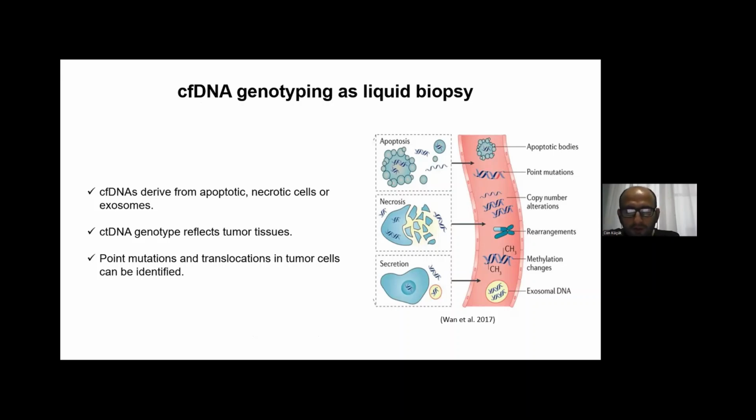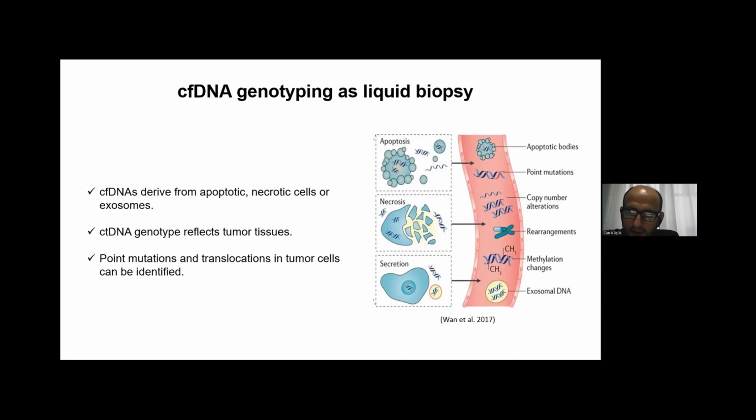Especially circulating cell-free DNAs are an important research area these days in cancer. These cfDNAs are small fragments of DNA found in the plasma of everybody, not only in cancer patients. And sometimes there is circulating tumor DNA also. It was shown in other cancer types that if it's a cancer patient, there will be a mixture of normal and tumor DNA in the blood.